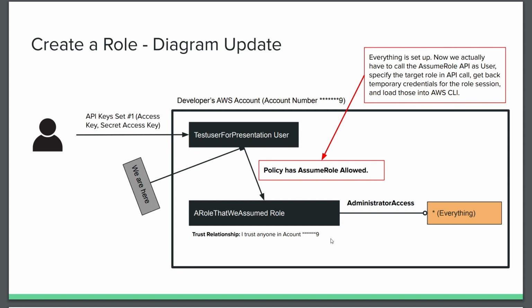Now that we have loaded in our credentials and we're calling things as this role session, remember we added the administrator access to that role. So we should be able to call any APIs now as that role session, which basically gives us access to everything.